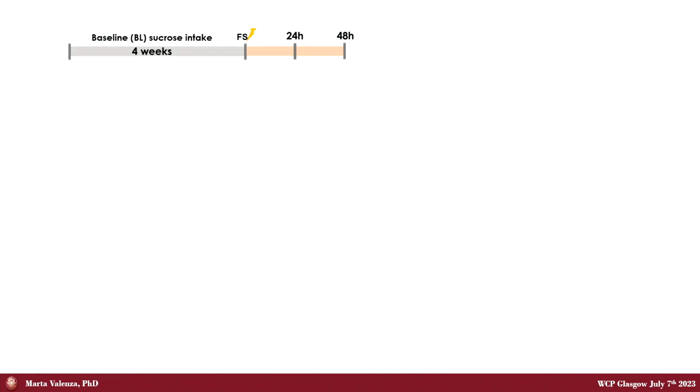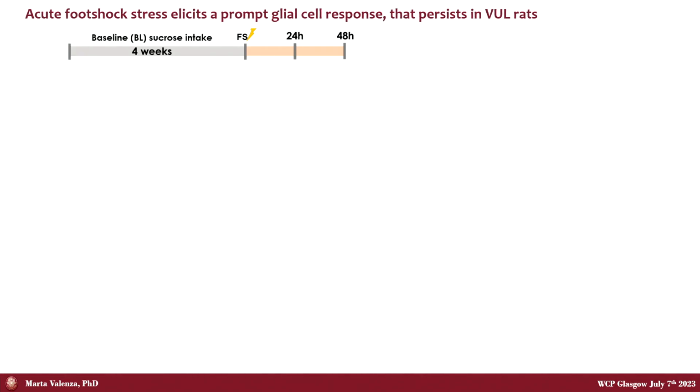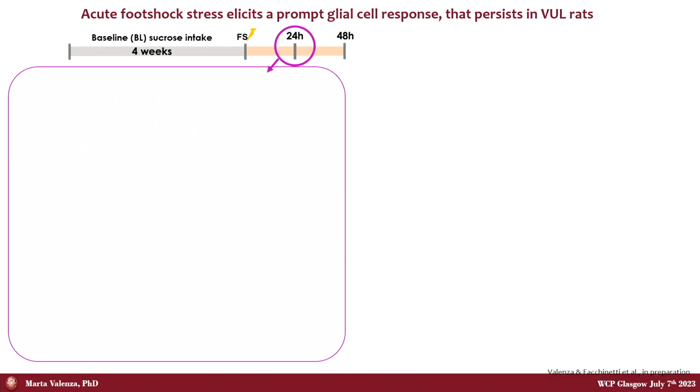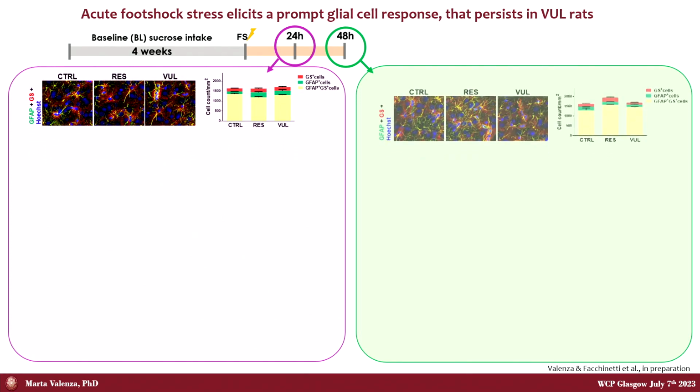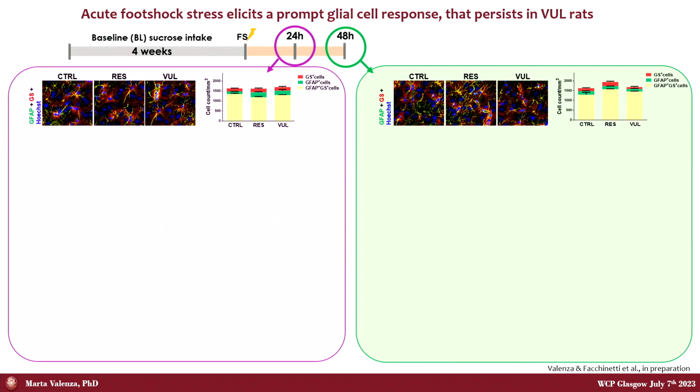So we looked at glial cells, as anticipated, at the 2 time points, specifically microglia and astrocytes, and we looked at the density of astrocytes in the prefrontal cortex without detecting any difference among groups.